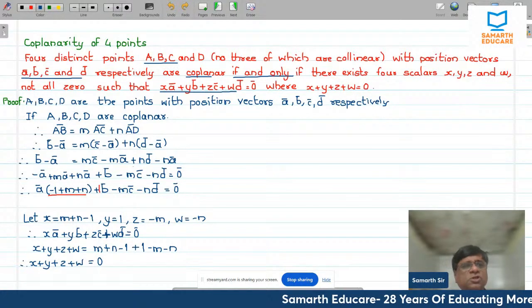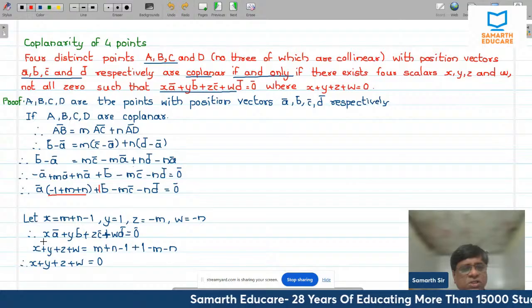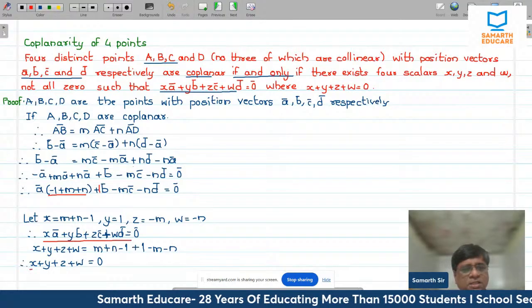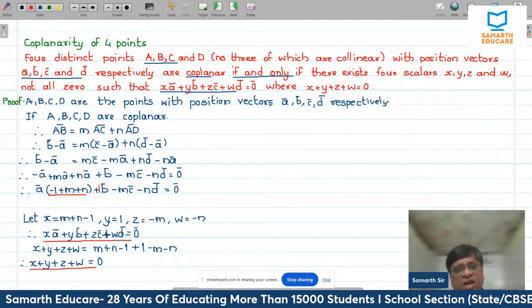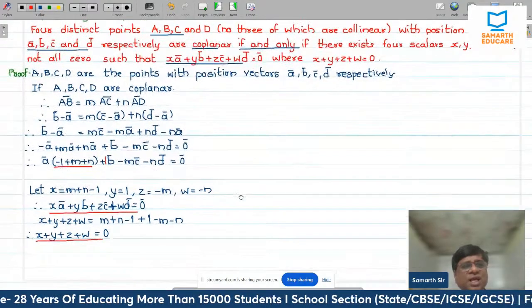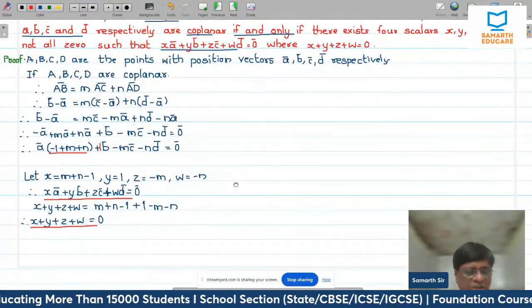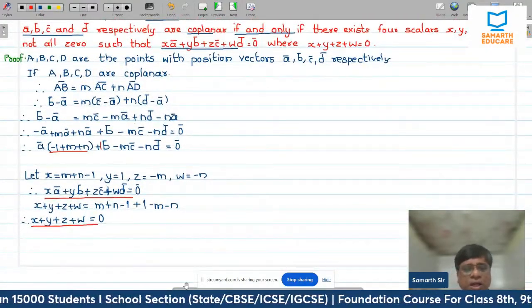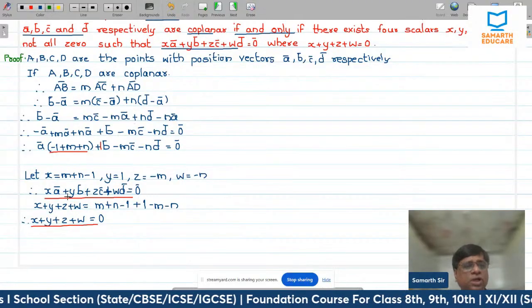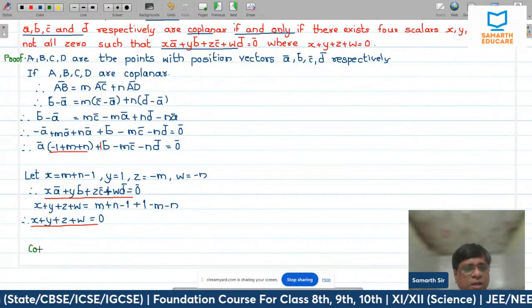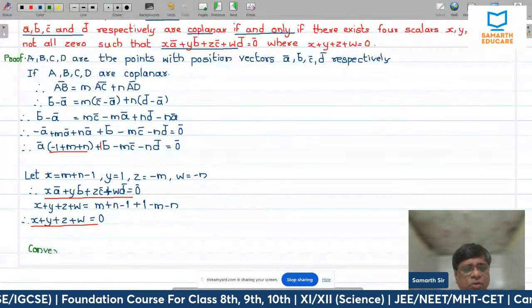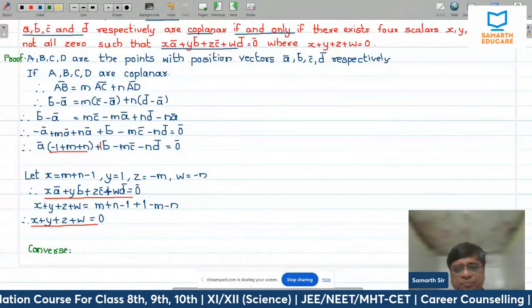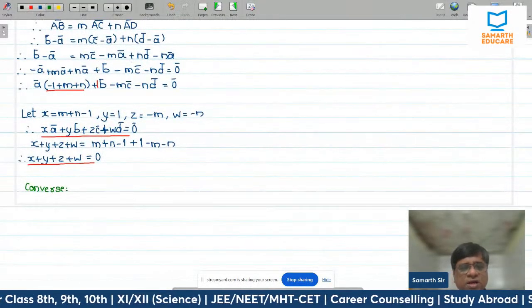Now if you observe, there were two conditions, the first and the second. Both the conditions we have arrived at when we said that A bar, B bar, C bar and D bar are coplanar. Okay, now let us do its converse, the reverse, right? In the converse we are given two things.